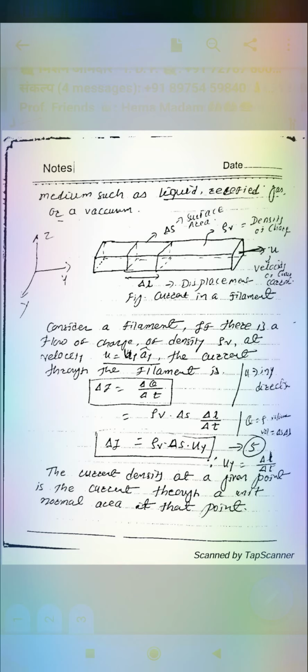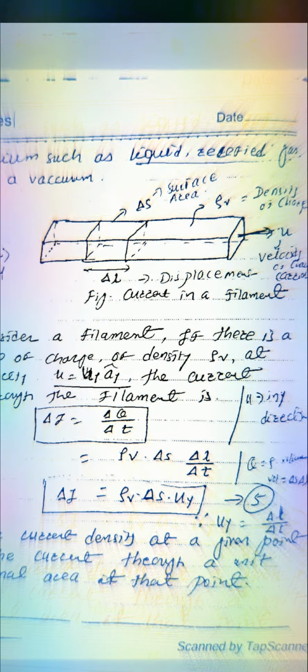Then how do we consider convection current? By using a filament. Consider this as one filament.